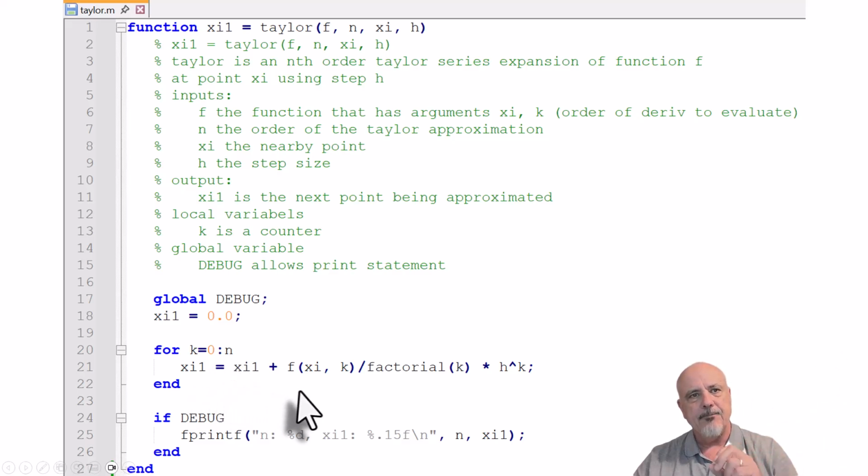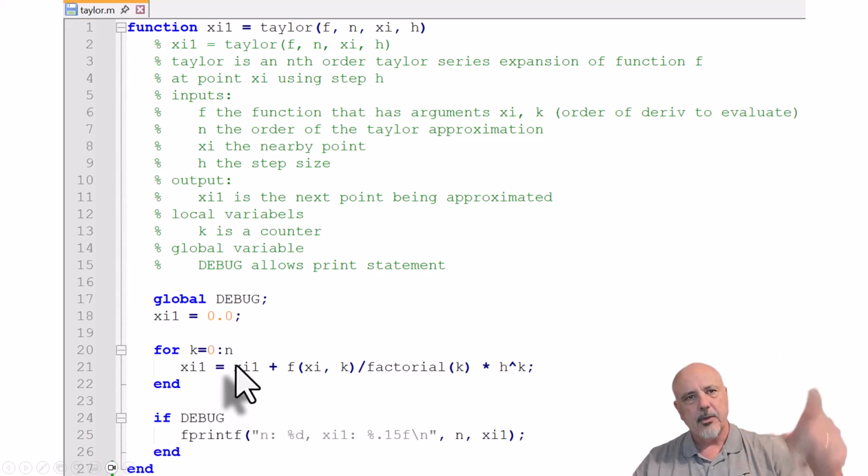So each time it's going to take our previous x sub i. So x sub i plus 1 is a local variable that I'm going to return, but I'm going to initialize that local variable as 0, and then I'm going to progressively add to it, okay?